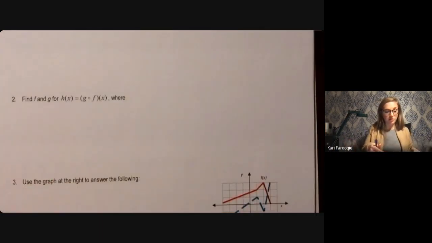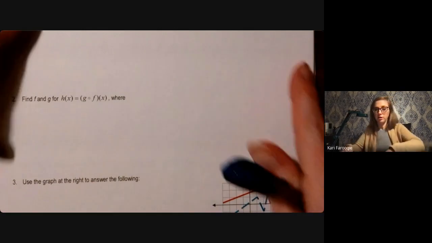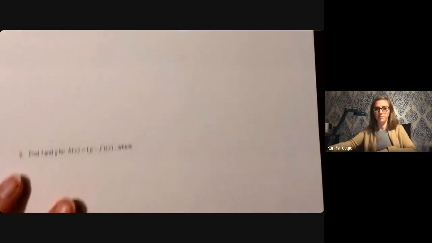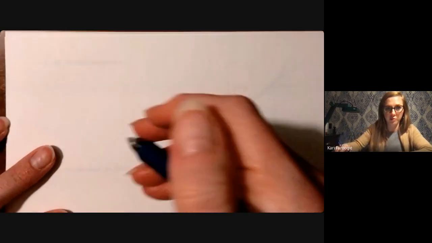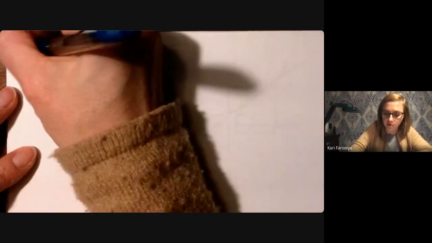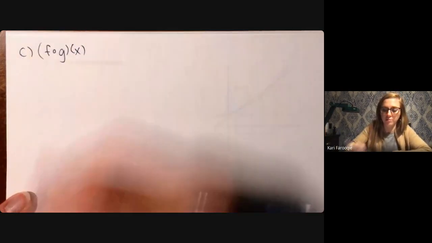The next thing we're going to do, and again, we're keeping these same functions, is we're going to take f of g this way. So for part C, we're going to take f of g of x. And if you want, we can match that notation.